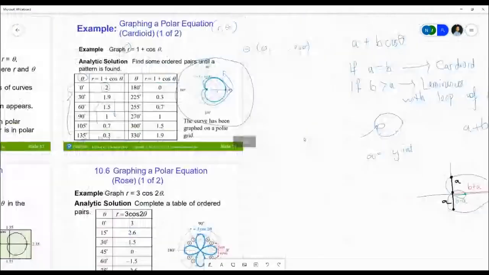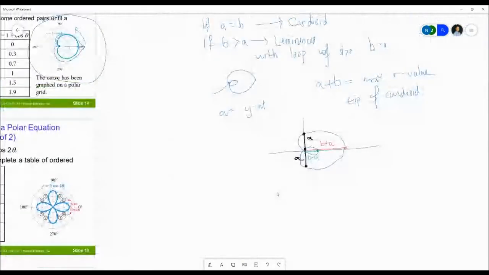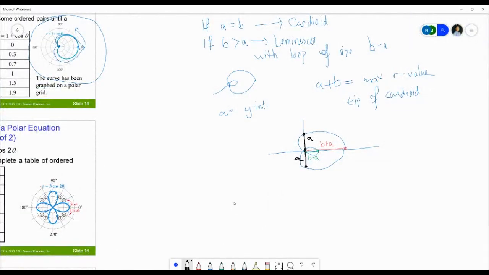All right, so let's see what happened when I change it to sine. So let's guess what happened if I have r equals 1 plus sine theta, and then let's see what happened when I have r equals 1 minus sine theta.